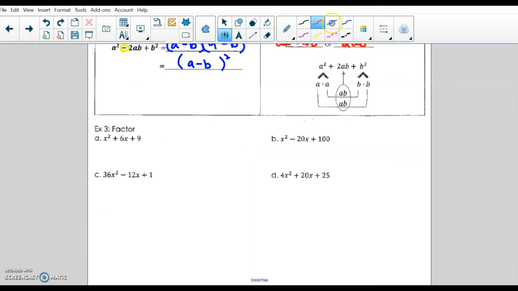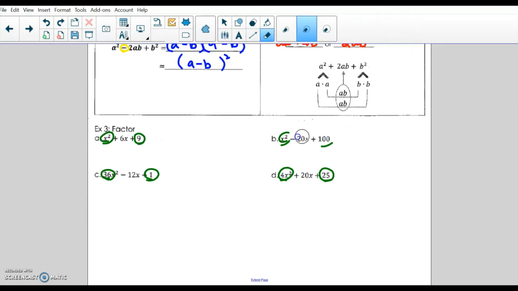So we notice that the first term and the last term of each one of these problems is a perfect square. And then the middle is an even number that can be rewritten as the same thing twice. All right, so let's get into factoring these.